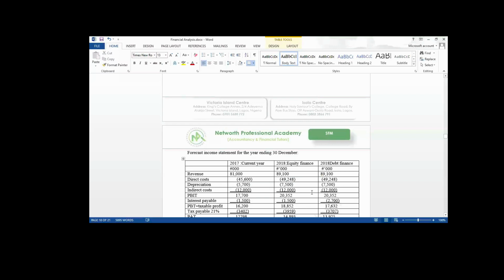Please confirm this, check the figures here. That will give you 2352. You can quickly confirm. So we have gotten up to these points.